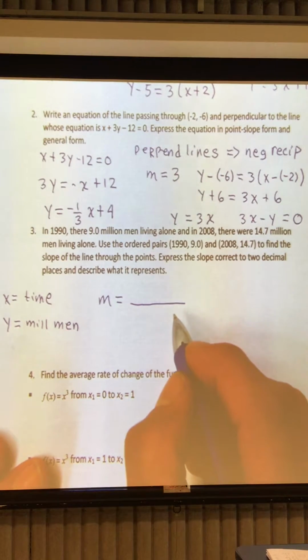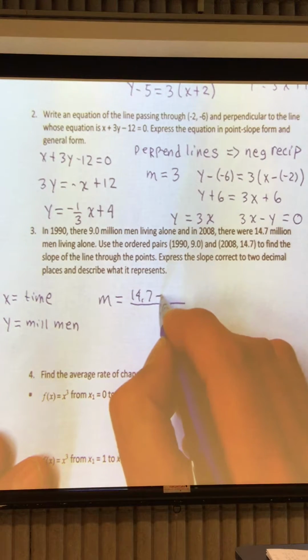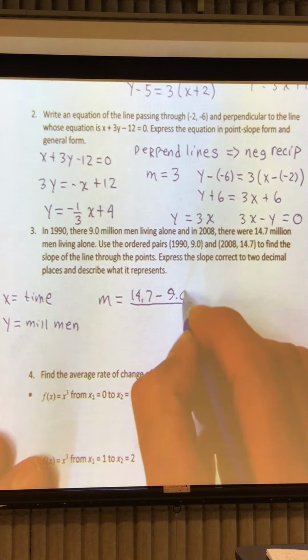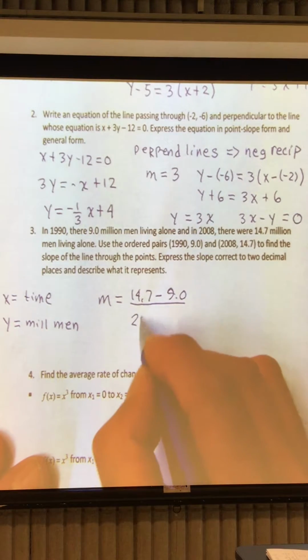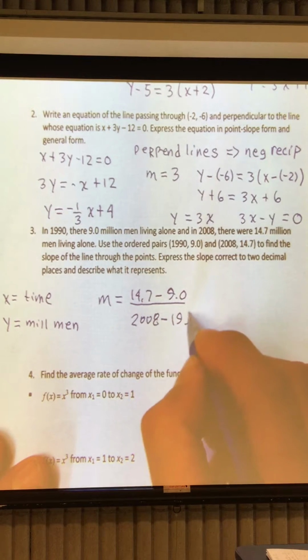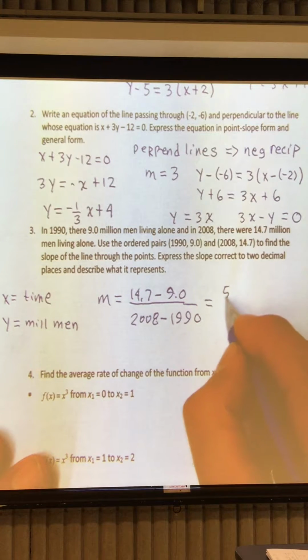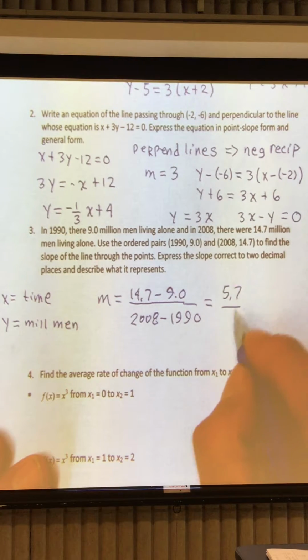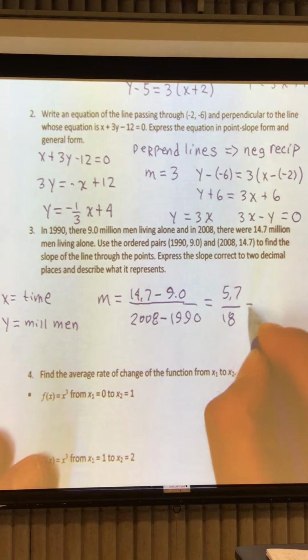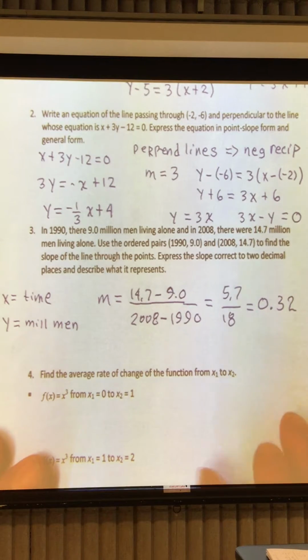So 14.7 minus 9 divided by 2008 minus 1990. Doing the arithmetic here, we'll end up with 5.7 divided by 18, which is decimal 0.32.